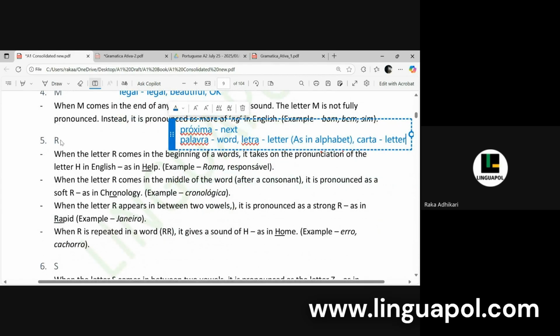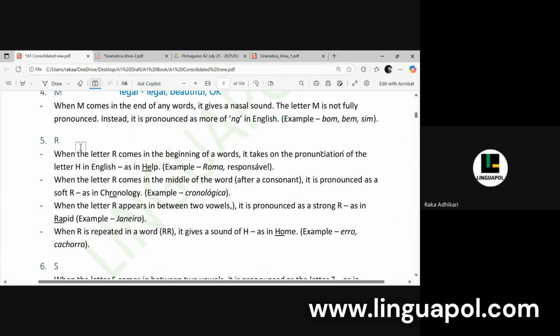Coming to the letter R, a letra R. In Brazilian Portuguese and in European Portuguese, what are the rules for the letter R? First, when the letter R comes at the beginning of the word, it takes on the pronunciation of the letter H. It's not exactly the letter H in English.